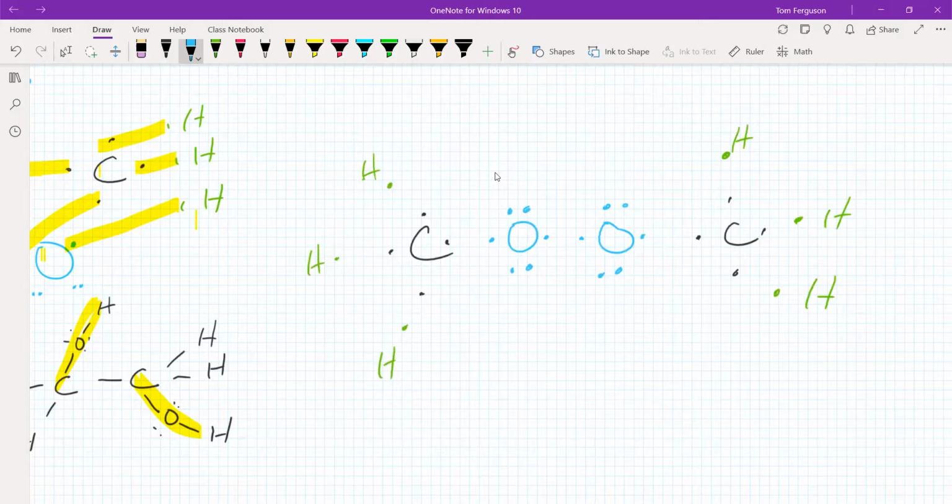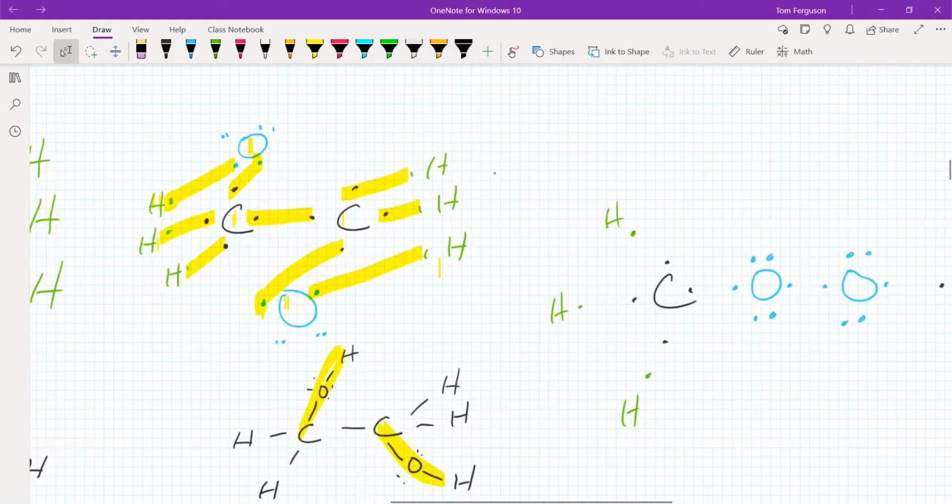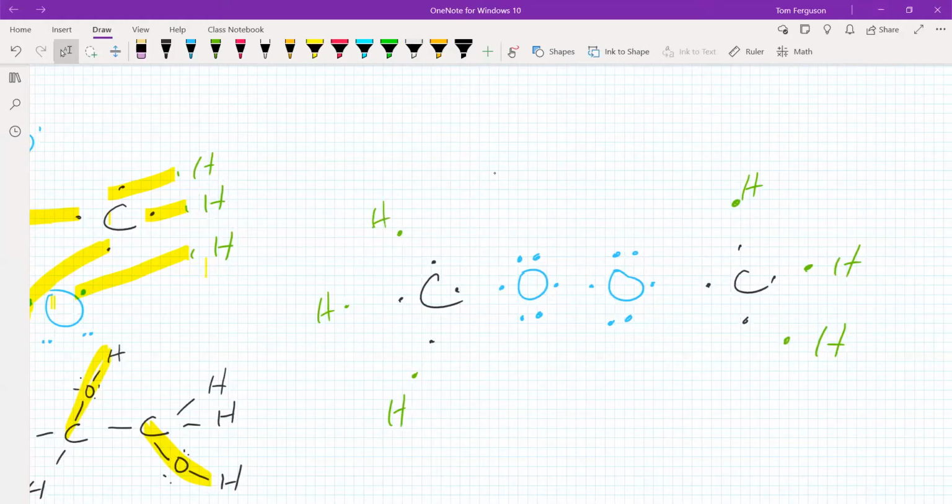Okay. So see how that's different than these guys? Here we put the carbons close to one another. Here we put the carbons outbound of the oxygens. So let's start connecting these up.